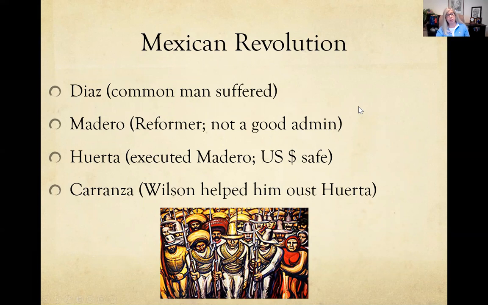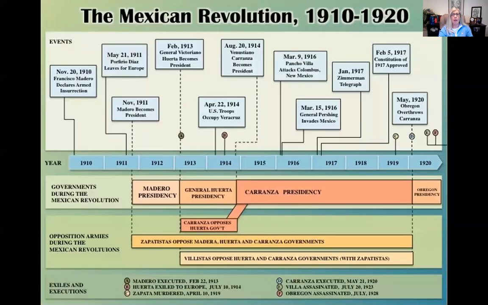Okay, the Mexican Revolution. There is basically a lot of instability, so there's a lot of back and forth as to who's in power here in Mexico. The person that we had supported was Carranza, and when he comes to power, there's going to be an effort to try to overthrow him as well.